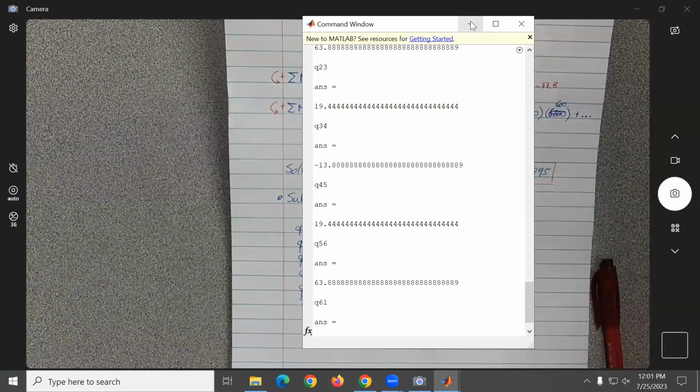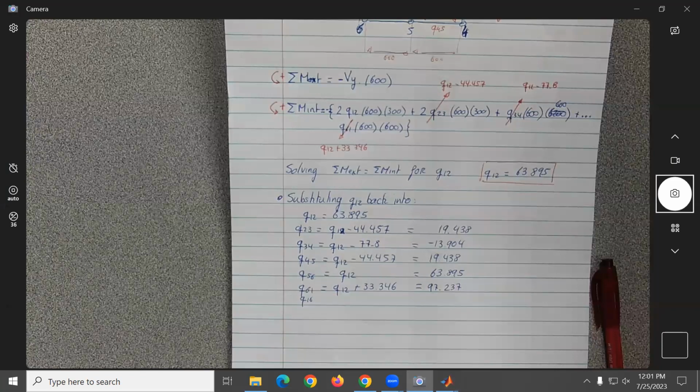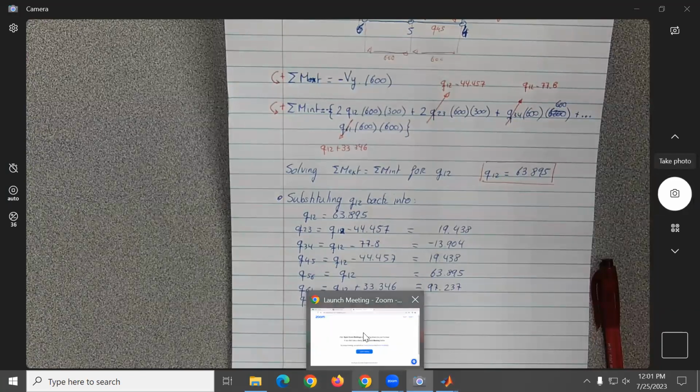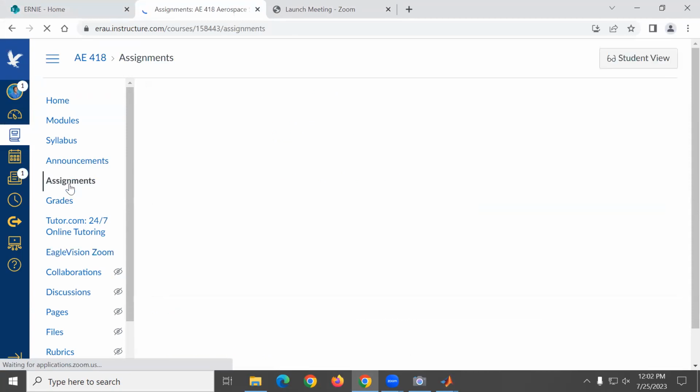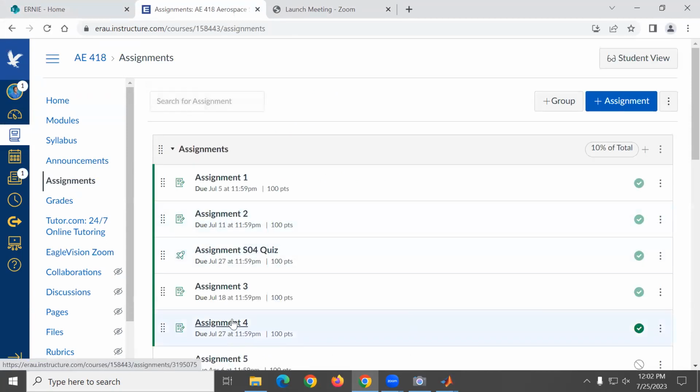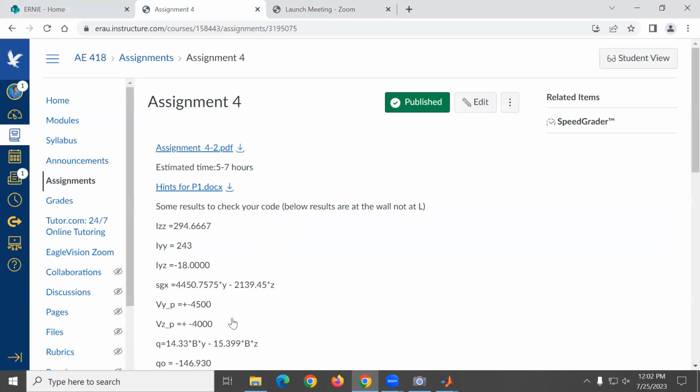So now what we're going to be doing is start working together on assignment 4. I'm going to try to put it in the code. It's going to be hard. The people that are online are going to be able to see everything I do.